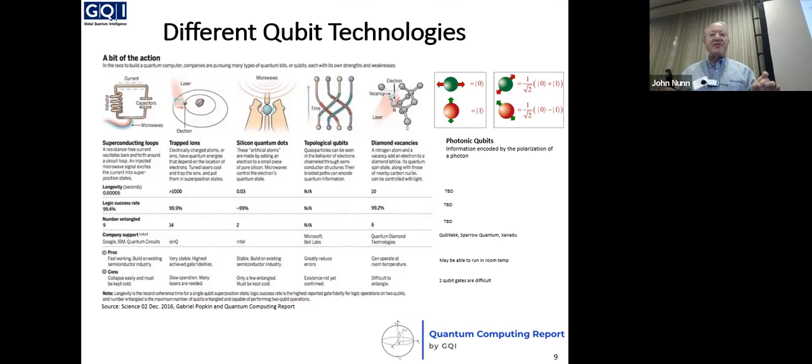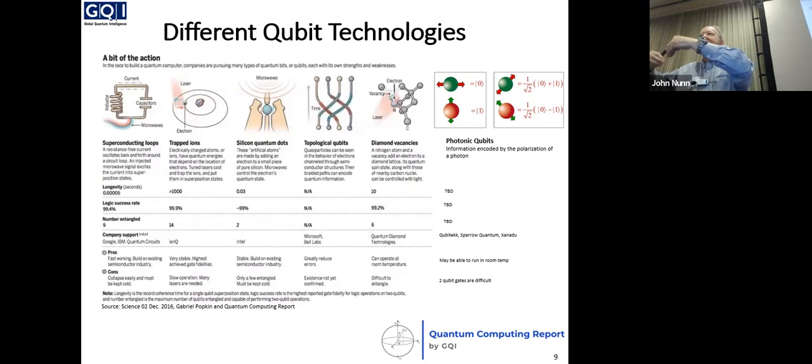But some of these technologies in the middle, like the trapped ions and some of the others, one of the more interesting ones, which I don't have on this chart, I should add it, is called neutral atoms. They're manipulated by lasers. There's a concept called an optical tweezer, where you can take an atom and have lasers shine down, and the lasers can move it along the chip to be in a certain pattern.